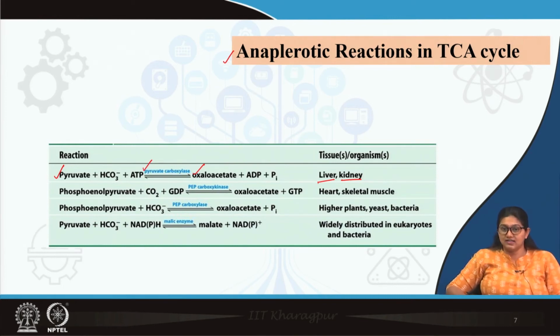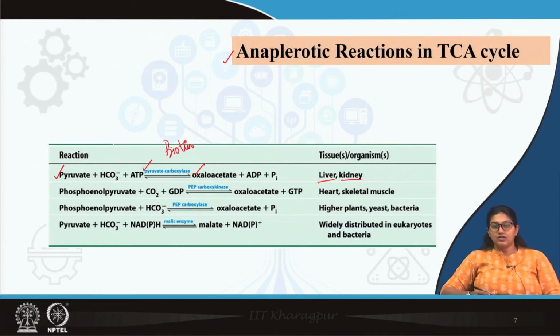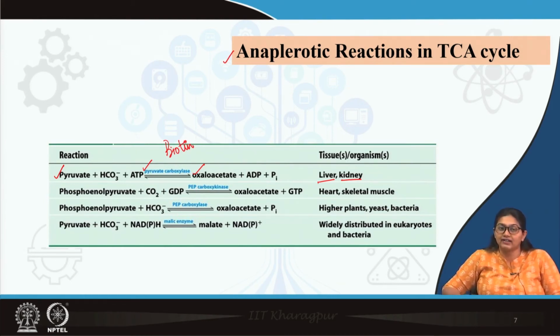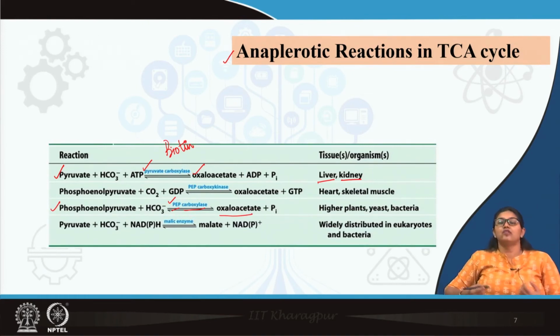Now, carboxylases, this group of enzymes, in the majority of cases require biotin as a cofactor. So, this pyruvate carboxylase is using biotin as a cofactor, and also phosphoenolpyruvate (PEP) carboxylase, where phosphoenolpyruvate is also forming oxaloacetate to maintain the concentration of oxaloacetate.